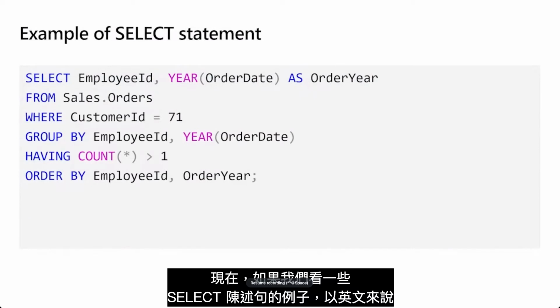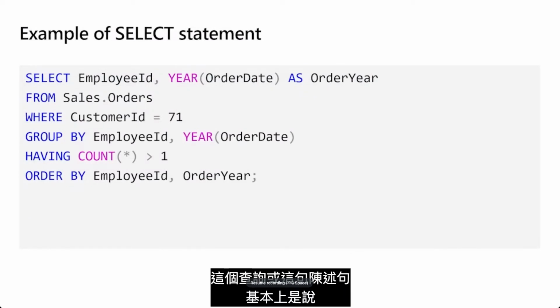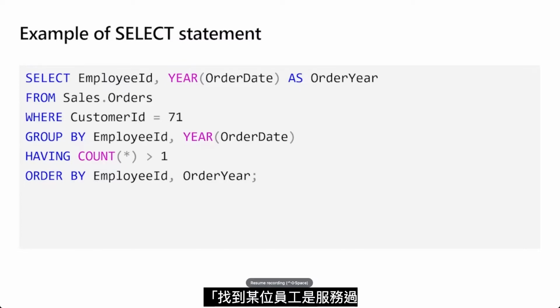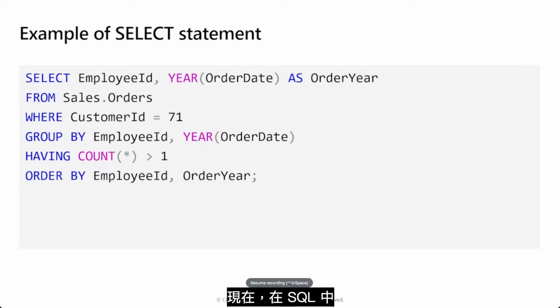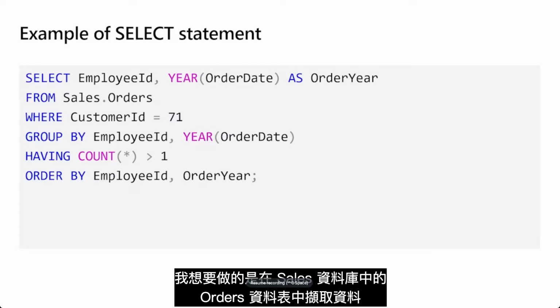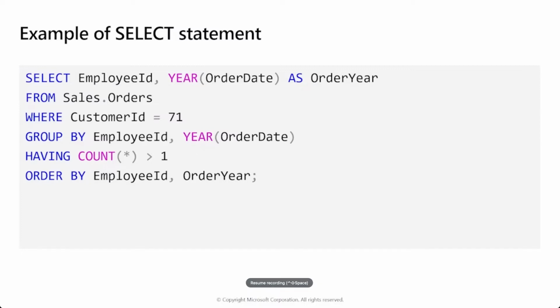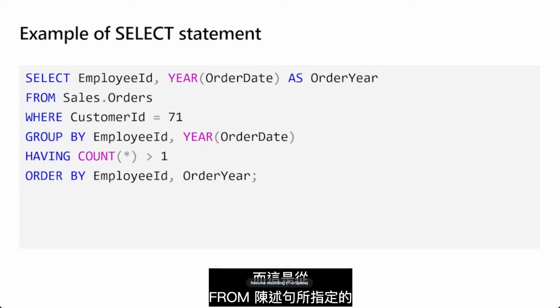Now, if we take a look at an example of a select statement, in basic English, this statement is essentially saying, find the employees who served customer 71 at least once and rank them by the employee number. Now in SQL, I want to retrieve data from the orders table in the sales database, and this is specified from the from statement.